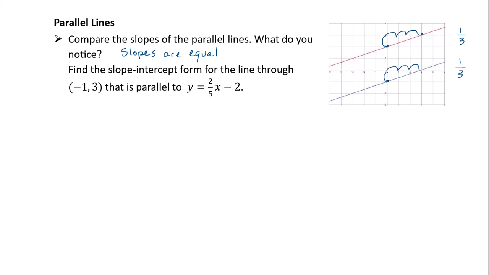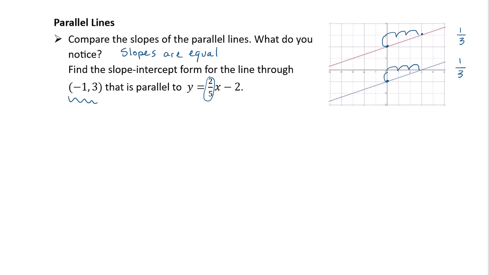Now I want to find the slope-intercept form for the line through -1, 3 that is parallel to y equals 2/5 x minus 2. Remember, to get the equation of a line, you need a point, we have that, and you need a slope. Well, they're giving you information about this other line so that you can borrow it.